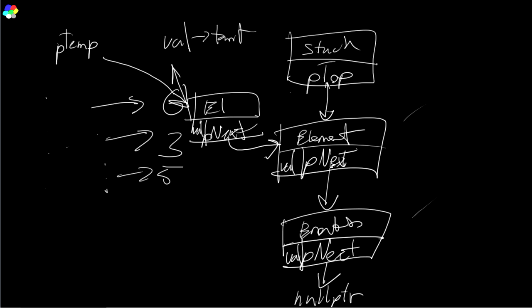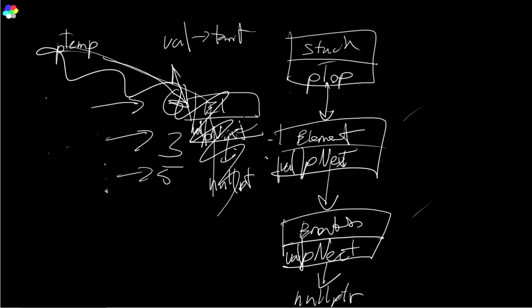So now you've got this set up correctly. Now you can break this, maybe set this guy to null pointer, and then you can delete this, and there you go. Now you're all set up. You've just popped the top off the stack. You can return this temporary value, and your stack is now in the proper setting after popping.